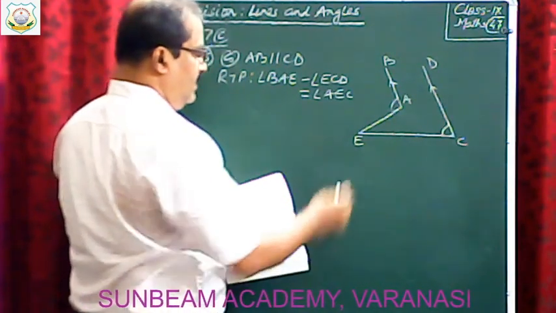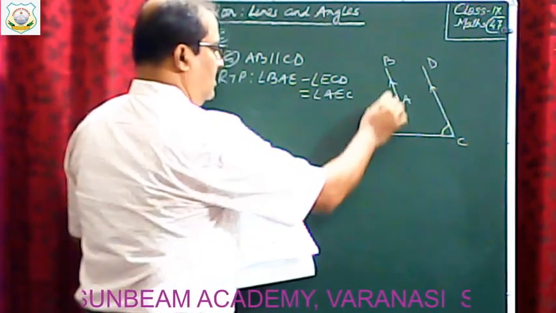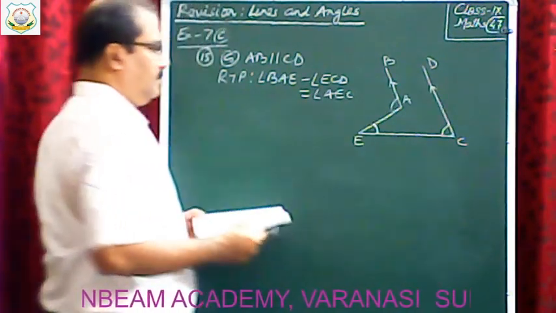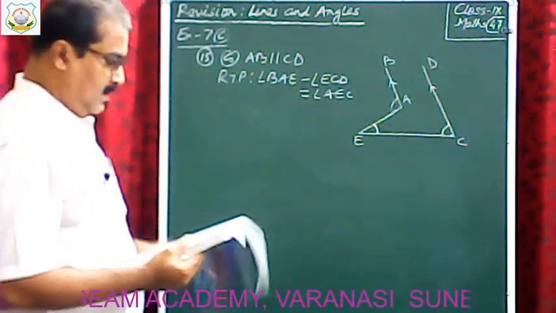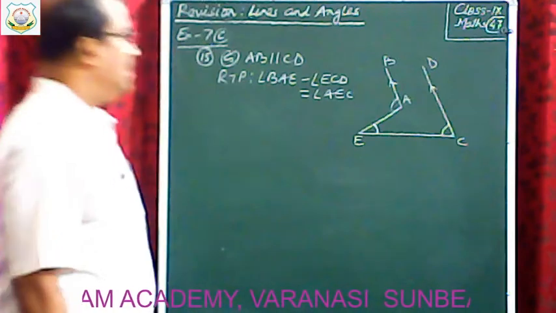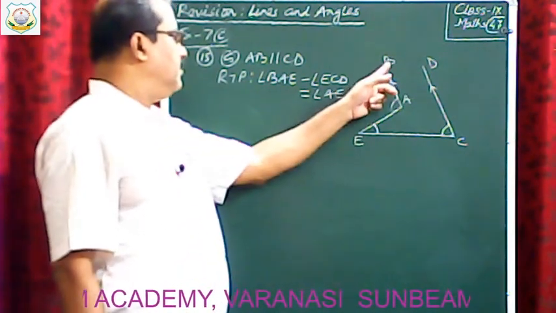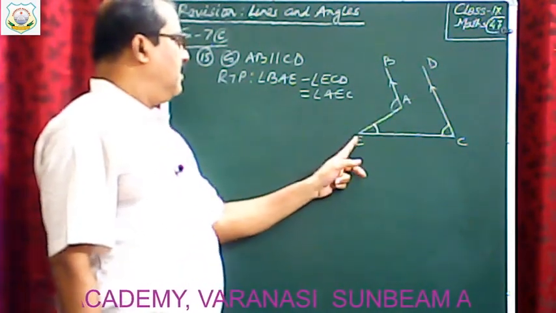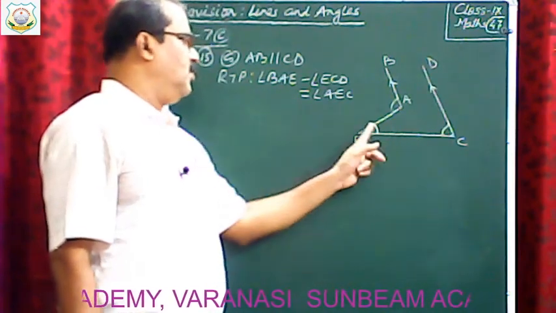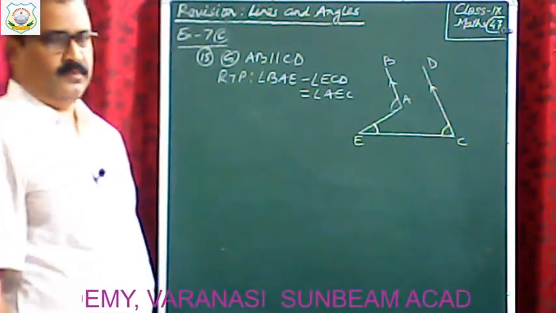The angle BAE minus angle C equal to angle E we have to prove.